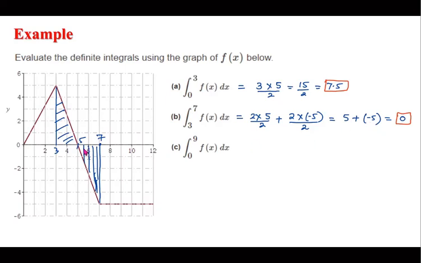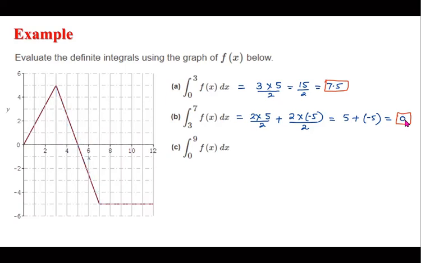The reason is the value of the function or the height is positive when it is above the x-axis, whereas below the x-axis the value of the function is negative, which makes the areas above and below have opposite signs. In this case, these two triangles are congruent. They have equal area but opposite in direction, so they cancel each other and we get 0. Okay, that is the second part, part B.